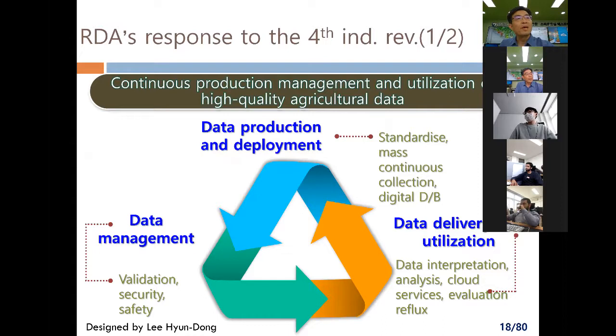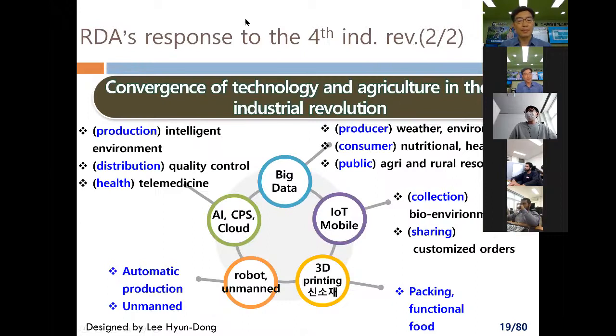We prepare a link to the production and deployment of data, data management, and data utilization. In addition, my government is pushing for research that combines various technologies from the post-industrial revolution into the agricultural sector.